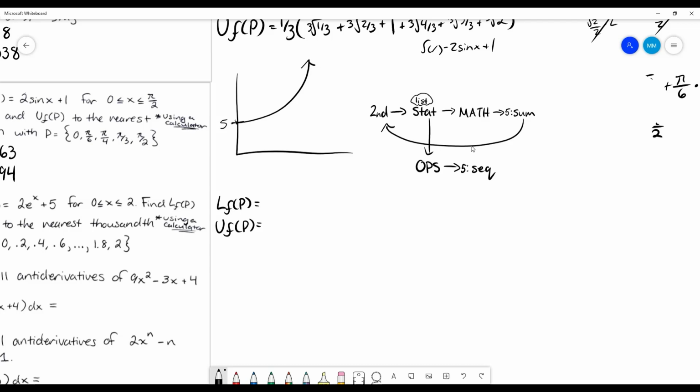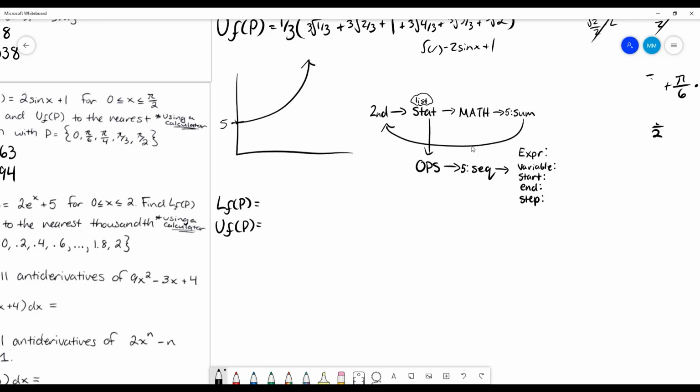And here, it's going to give you something that looks something like this. This expr right there, I don't know what that stands for, but that's just the function we're using.